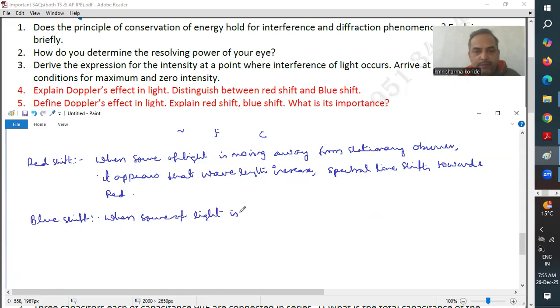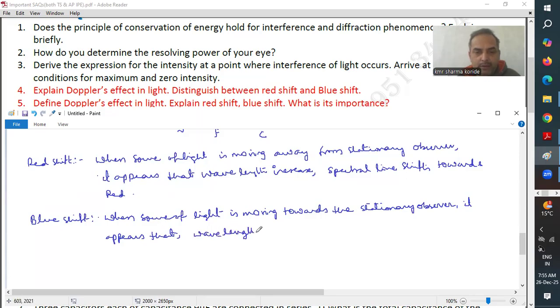When source of light is moving towards the stationary observer, it appears that wavelength decreases and spectral line shifts towards blue in the spectrum.